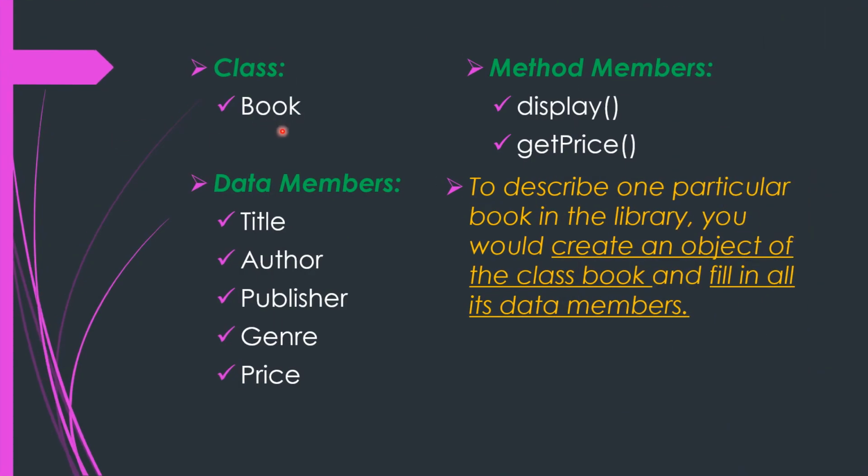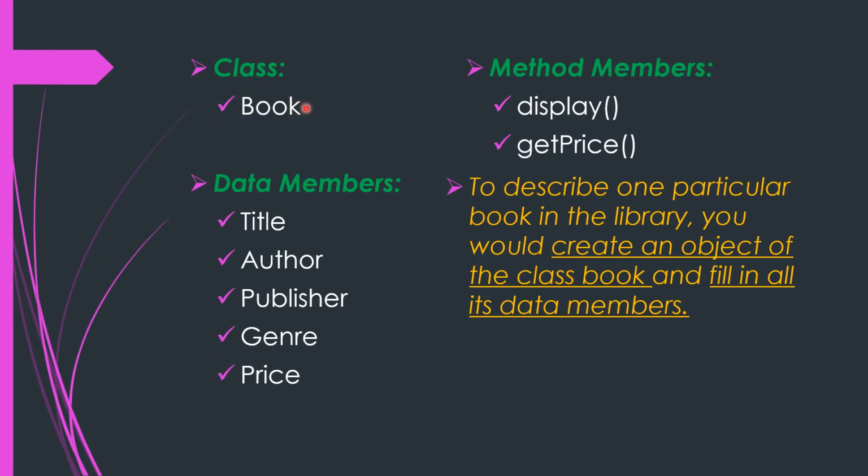Now we are going to see how things are related between the bookstore example and OOP language. So here you can see in our example we have the class as book. Why is it a class? I have already discussed that book is a physical entity.